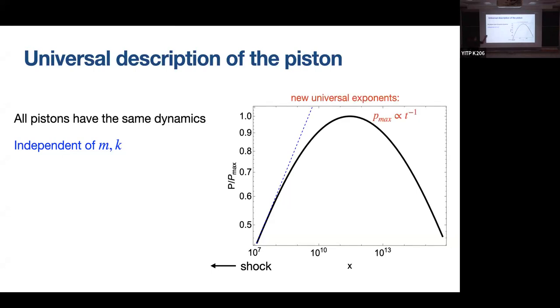So the pressure goes like T to the -1. The position goes like T to the 1/4, and then the Lorentz factor at this point goes like T to the 3/4. And so these are universal parameters for these giant pistons that expand into vacuum, and they don't depend at all on what's happening at the front. So they don't depend on M and K, which means they don't depend on the medium, on the shape characteristics.